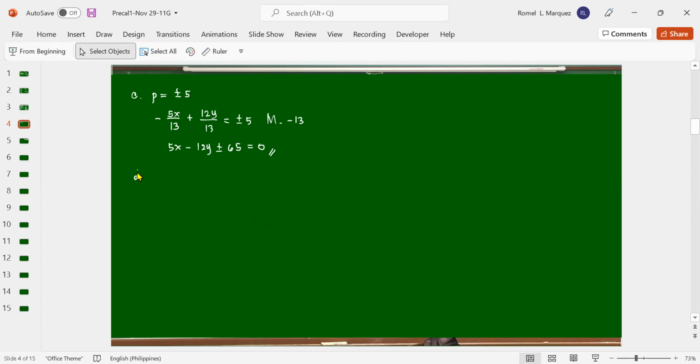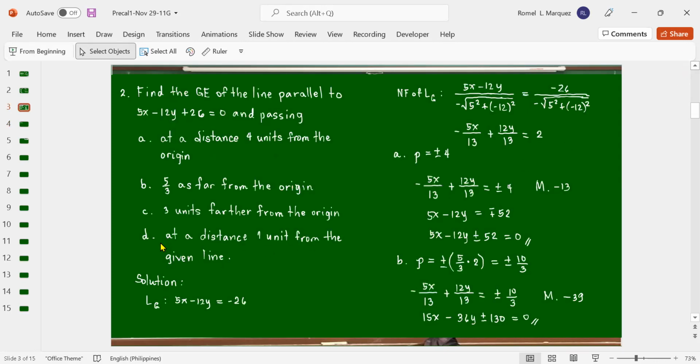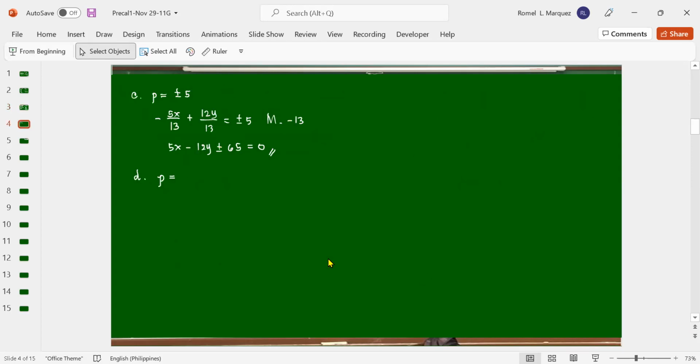What about for letter D? What can we say about the P of letter D? So, similar to letter D of number 1, at a distance, but this time at a distance 1 unit from the given line. The technique, you get the P of the given line, 2. And then you move 1 unit forward and 1 unit backward.